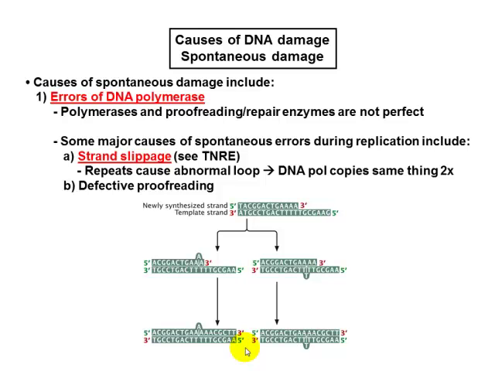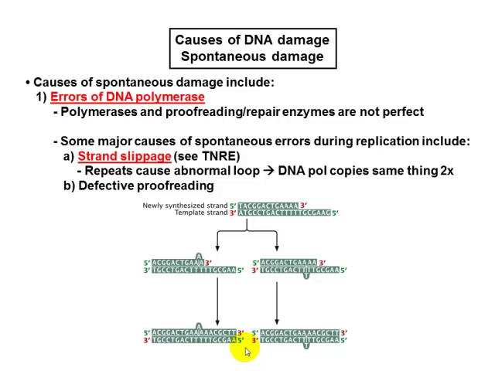You can have error in the proofreading of DNA polymerase, which means that, remember, some of the polymerases have the proofreading 3 to 5 prime and 5 to 3 prime. If you have errors in the proofreading, that can introduce a mutation. Also, if you had the strand slippage, as I just mentioned with the treadmill, that will introduce mutations.